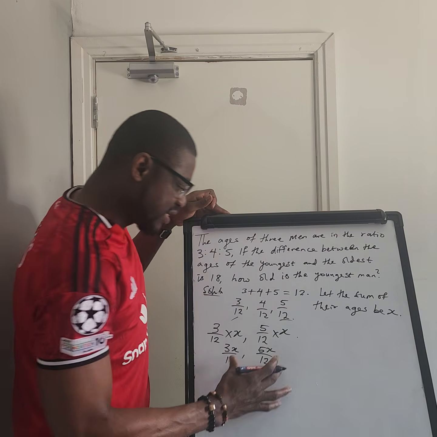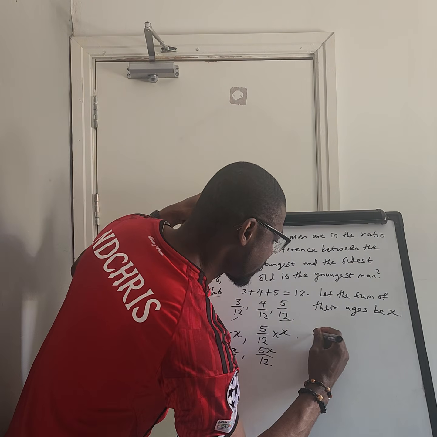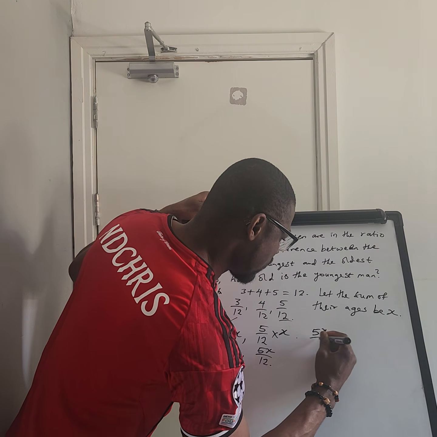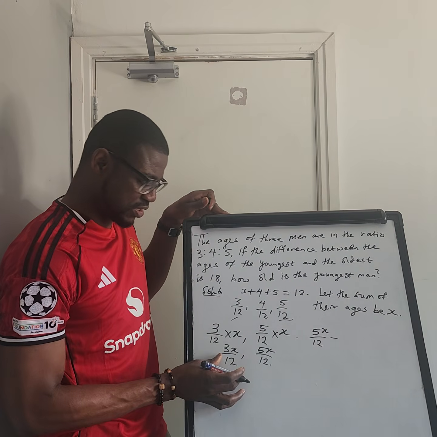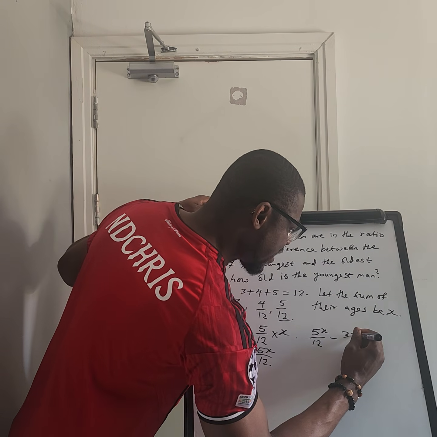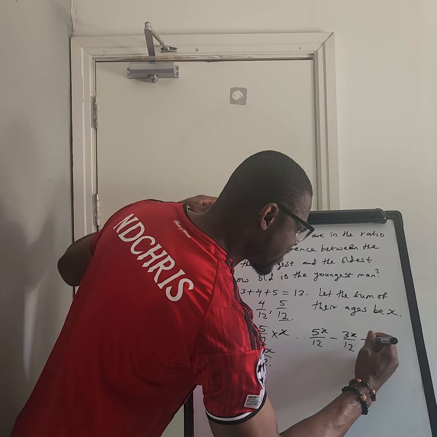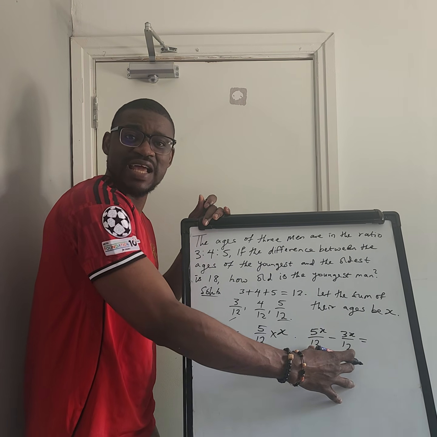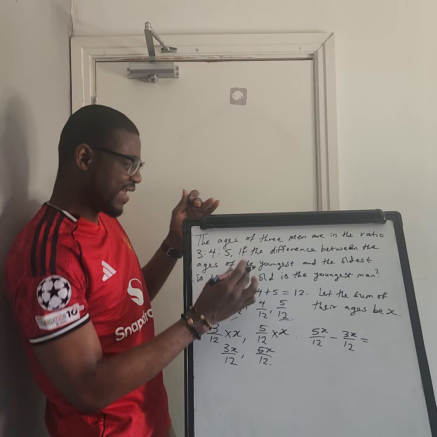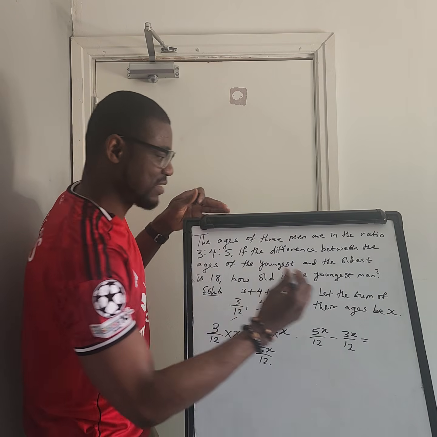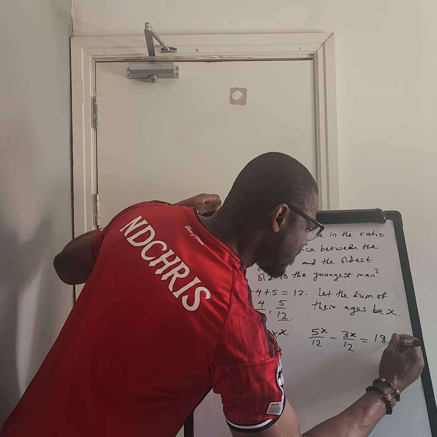The difference between these ages will then be 5x all over 12 minus 3x all over 12. Remember, it says that the difference between their ages will be what? 18. So we have 18 here.